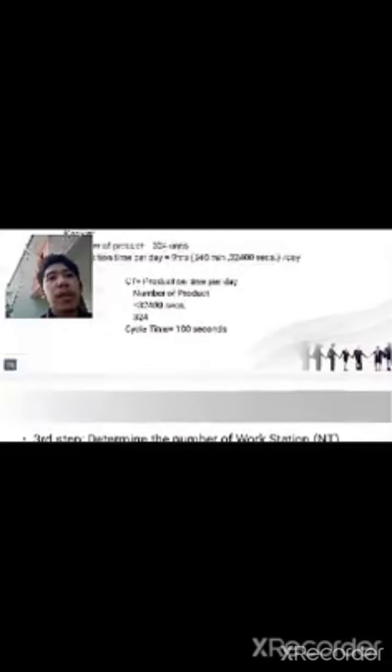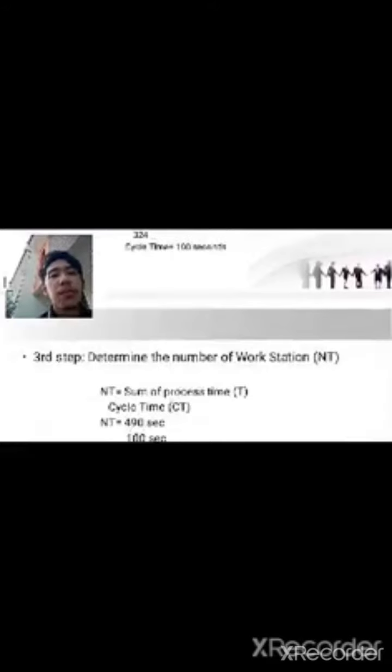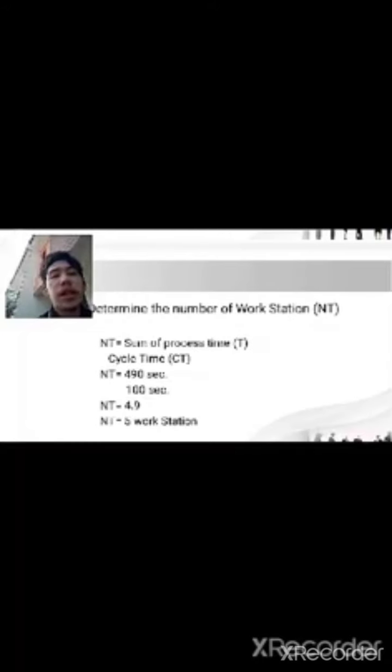The sum of process time from our table is 490 seconds, and we already have the cycle time of 100 seconds. So NT equals 490 seconds over 100 seconds, which is 4.9. Since we need a whole number of workstations, we round it off to 5 workstations.